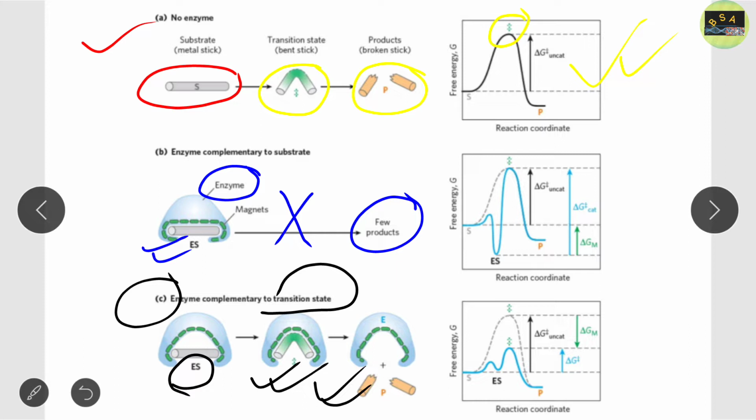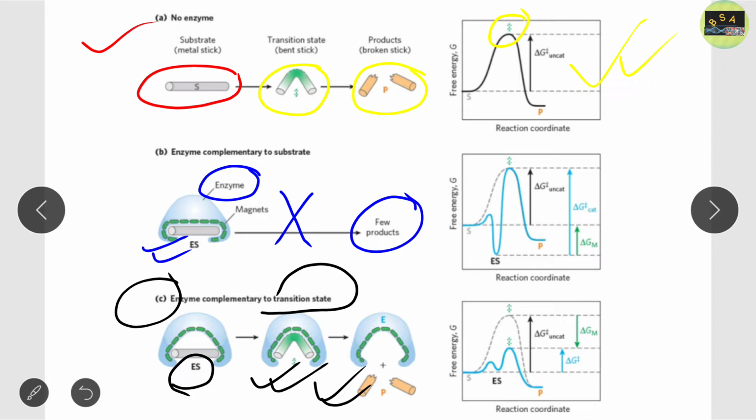And the binding energy that is released, as I already told you, when the enzyme and substrate bind, lowers the activation energy. So the transition state is here. What does this mean? When a particular enzyme reaches a transition state, in that case maximal binding energy is released.